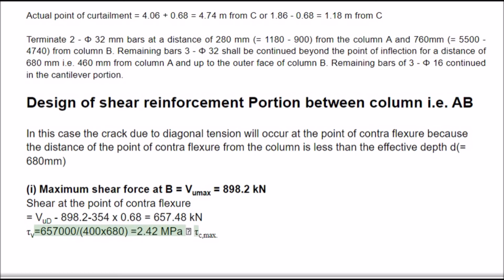Tau v equals 657,000/(400 x 680) equals 2.42 MPa, tau c max.